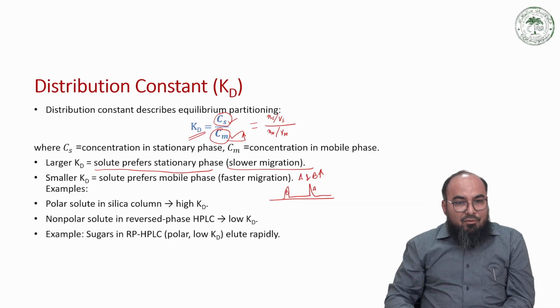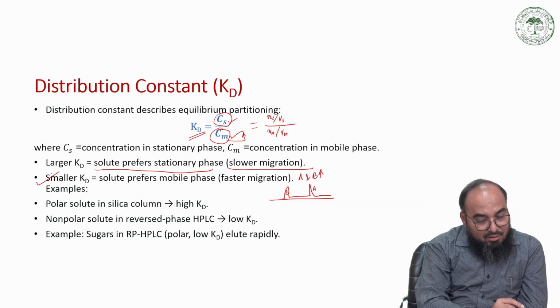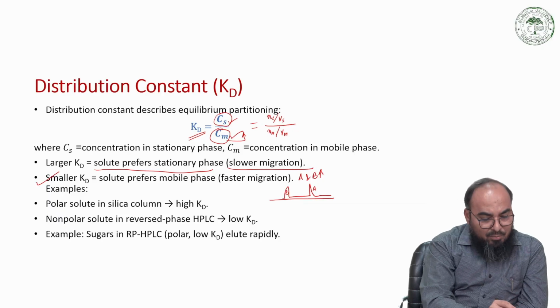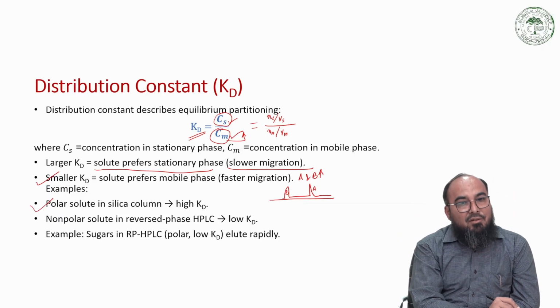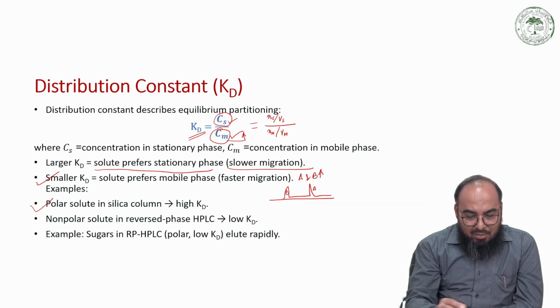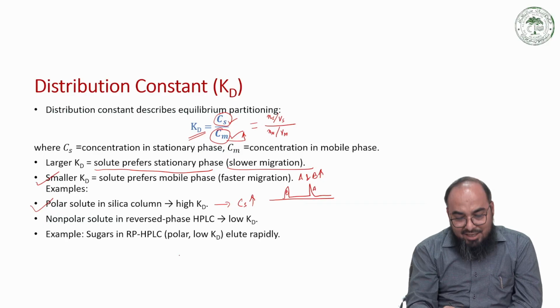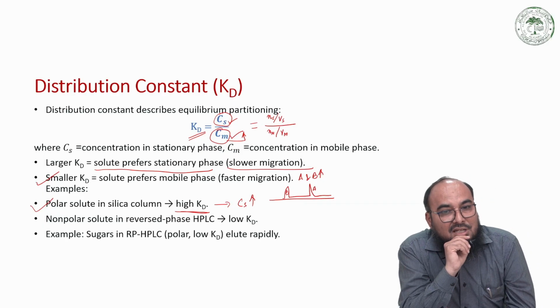Now, moving forward, polar solute in silica has high KD values. The polar solute actually binds effectively with the stationary phase, with the silica column, and because of this strong binding with the stationary phase, the CS is high, and since CS is high, the KD value is high. This is simple.